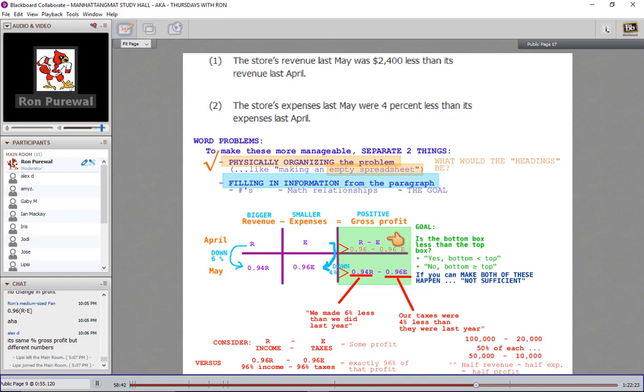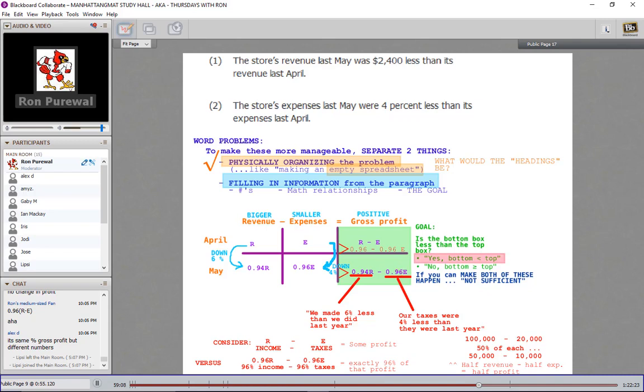This is less than this because it's just 96% of it. And then this is less than that because you made less money. It's less revenue, same taxes, so this is even lower. That means the top thing is bigger than the bottom thing. This is bigger than this is bigger than that. Therefore, this is bigger than that.